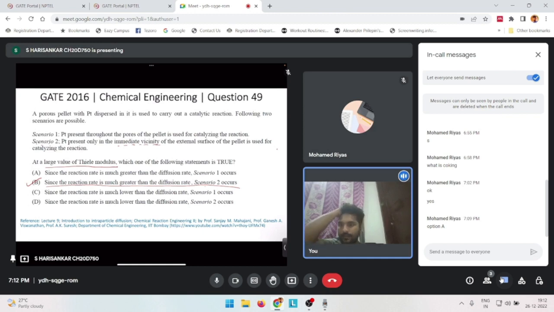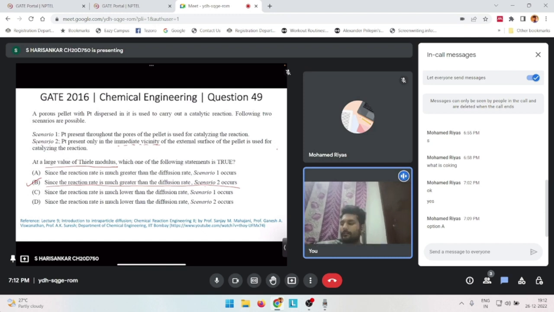So Riaz, you are partially right. The reaction rate is much greater than diffusion. That is also in option A. But then the problem is, what is the fate of the platinum? Will the platinum be found through the pores of the pellet, or will the platinum be found only on the external surface of the pellet?